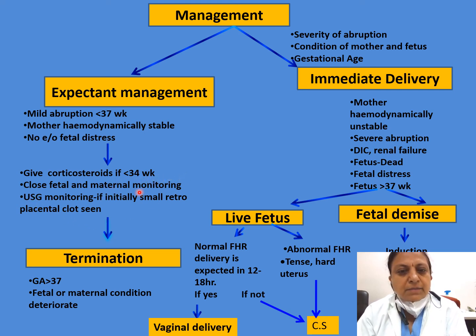Close fetal and maternal monitoring, ultrasonographic monitoring if initial small retroplacental clots are seen, and termination of the pregnancy is done after 37 weeks or if fetal or maternal condition deteriorates anytime. So this is in short about the management.